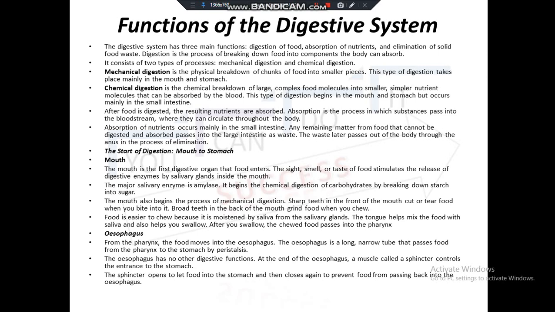There are 2 processes involved: mechanical digestion and chemical digestion. Mechanical digestion happens basically in the mouth and the stomach because the food is being broken down into smaller pieces. Chemical digestion is where the enzymes get involved, and because of certain chemical processes the food is finally converted into simple forms that can be absorbed by the body.